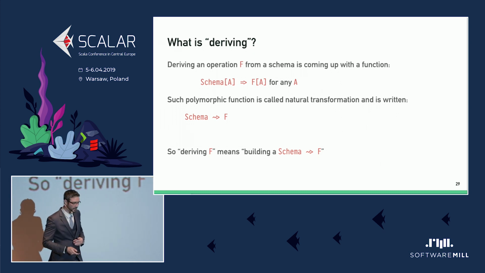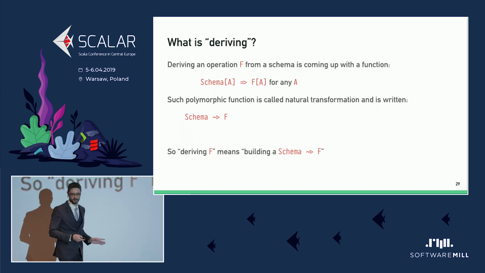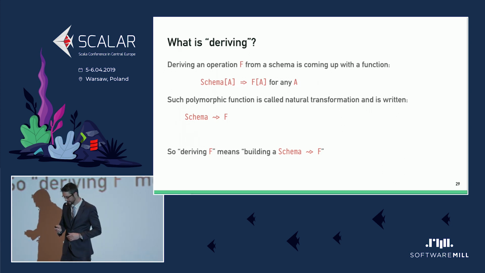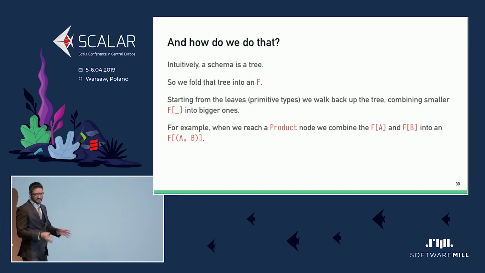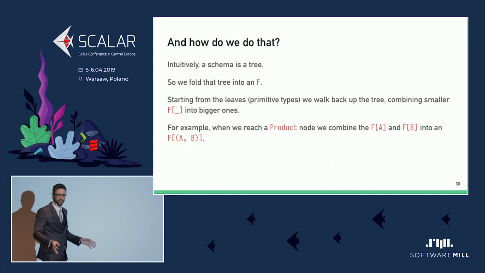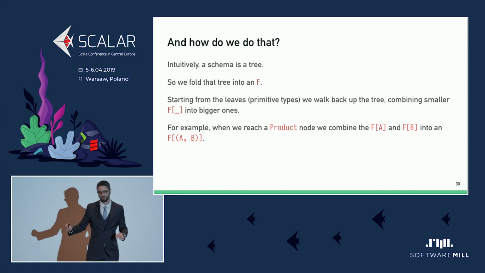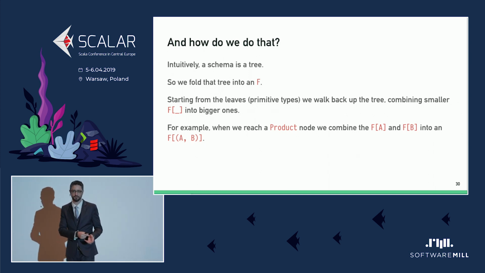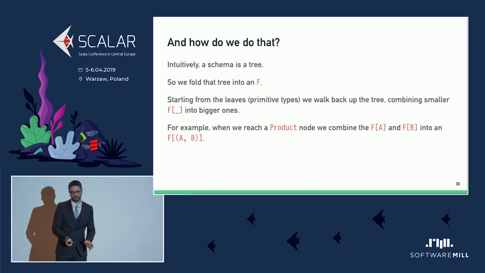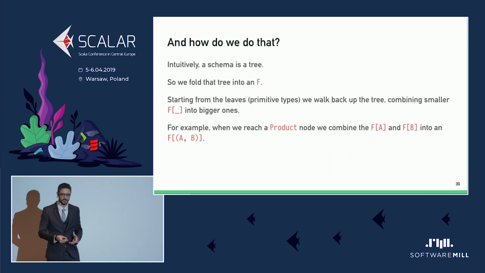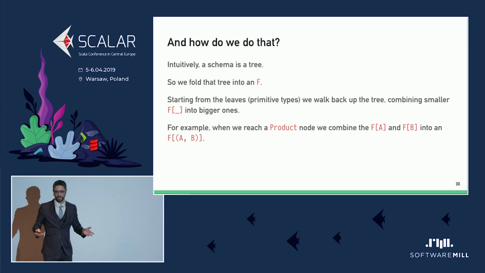And I promise I won't go into the details on how this is done. I gave a talk about that last year, roughly. But the idea is that a schema is just a tree. So if you're able to transform each leaf of the tree into an f of some x, and then to combine these smaller f's into bigger ones, depending on which node you're in, you will end up with a big f of a.